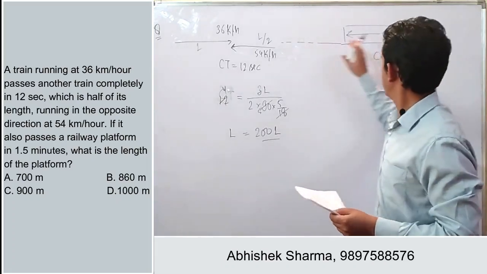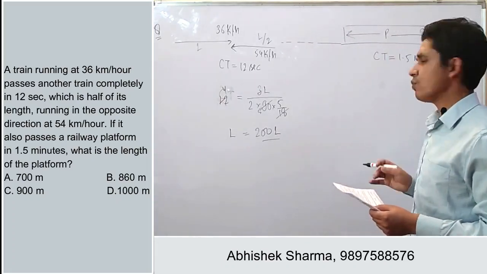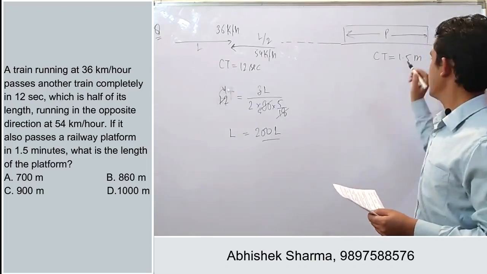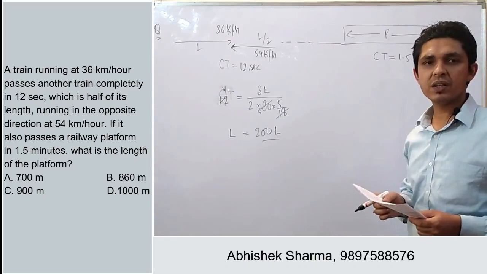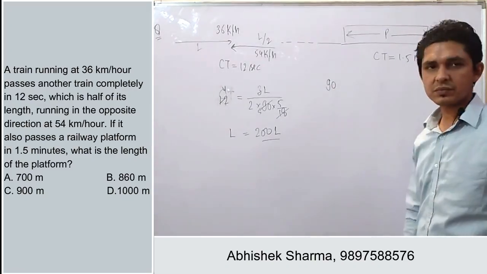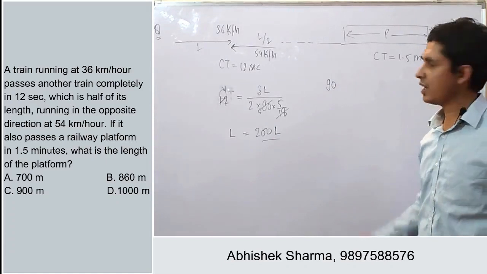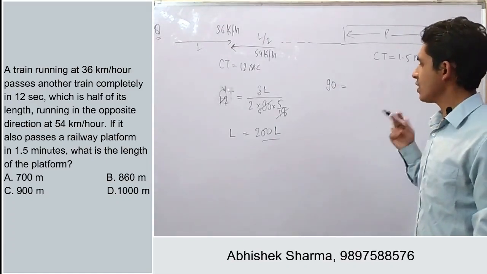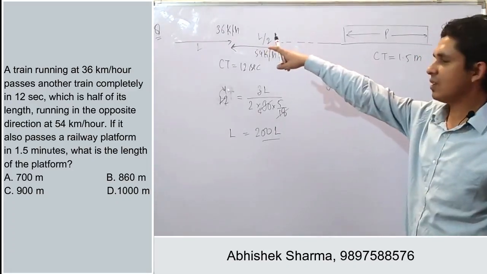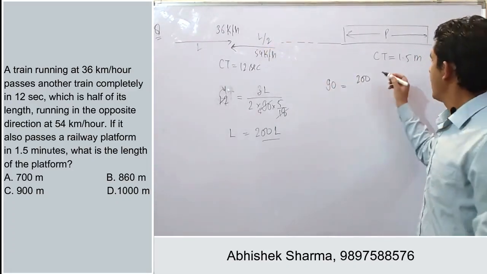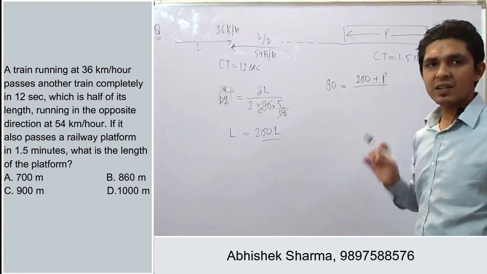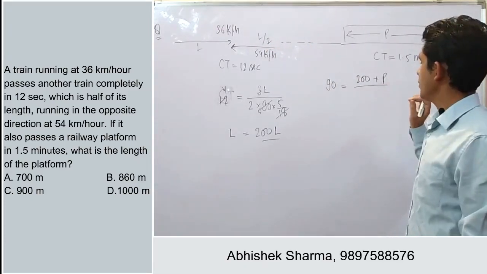This train also passes a railway platform in 1.5 minutes. So again, the crossing time, when we convert 1.5 minutes into seconds, will be 90 seconds, right? And it is equal to the total length. How much is the total length? That is 200. That means the train length of the first train, that is L, plus the length of the platform, that is P, divided by the relative speed.